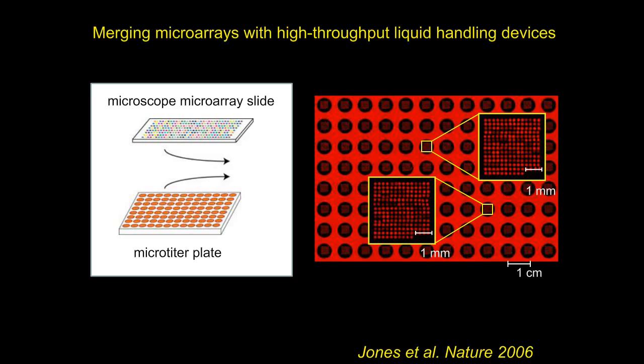What I'm showing here on the right is this merging of protein microarrays with microtiter technology, where each of the microarrays is contained within the well of a microtiter plate so that an automated pipetting robot can then be used to add different peptides for screening purposes. And what I am depicting here is a small amount of fluorescent dye that has been doped into each of the proteins that we arrayed onto the slide.